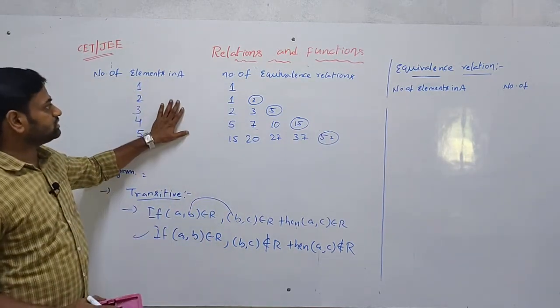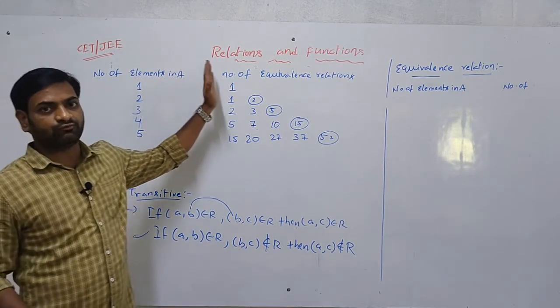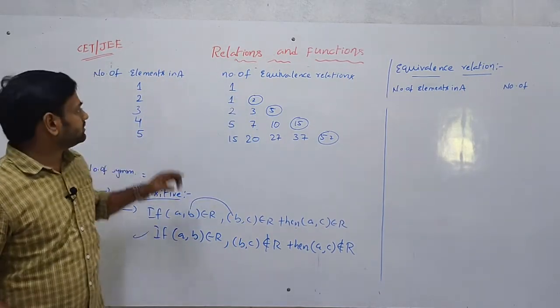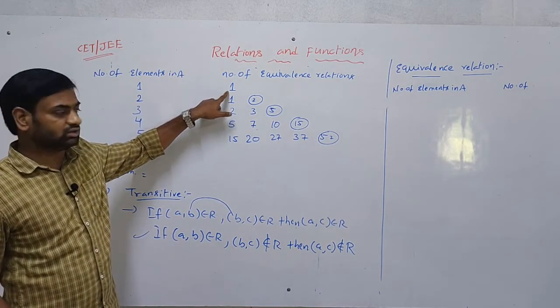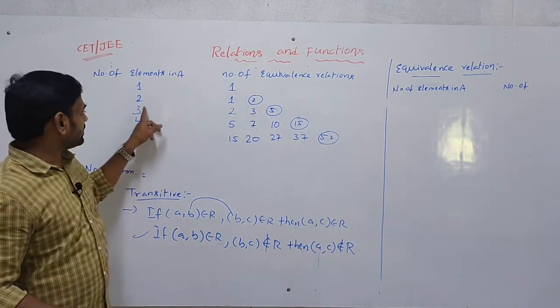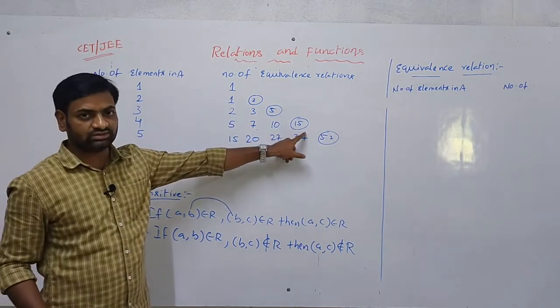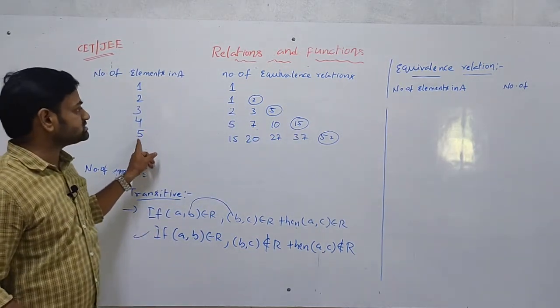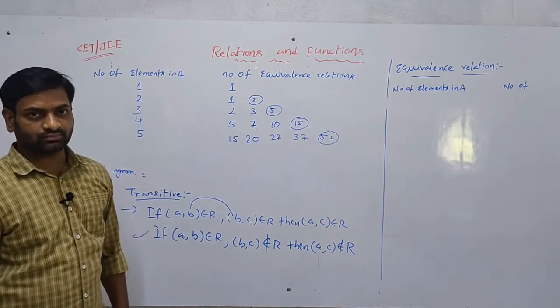So, this is the logic between the number of elements in A and the number of equivalence relations. If you have one element, the number of equivalence relations is 1. If you have 2, it means 2 equivalence relations. If you have 3, it means 5. If you have 4, it is 15. If you have 5 elements, the number of equivalence relations is 52.